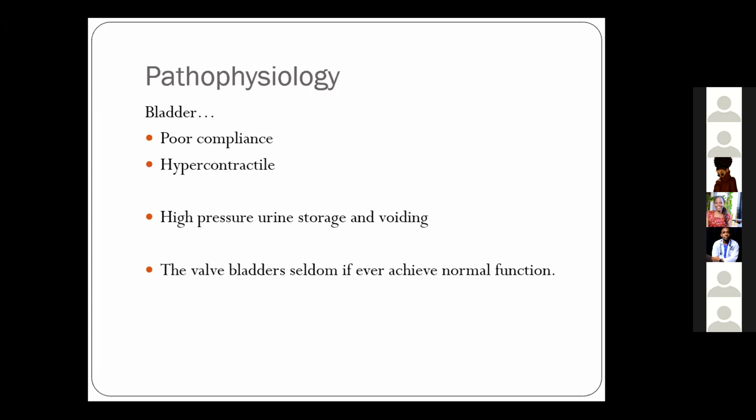And that's what I was trying to explain earlier, that because of these changes, even after you have operated on the patient and the valves have been worked on, they find it very, very difficult to achieve normal function. They may improve, but later in life, they usually will show that the bladder actually did not attain full function, and they start getting problems that are in relation to poor compliance, hypercontractility, and high pressure urine storage and voiding.